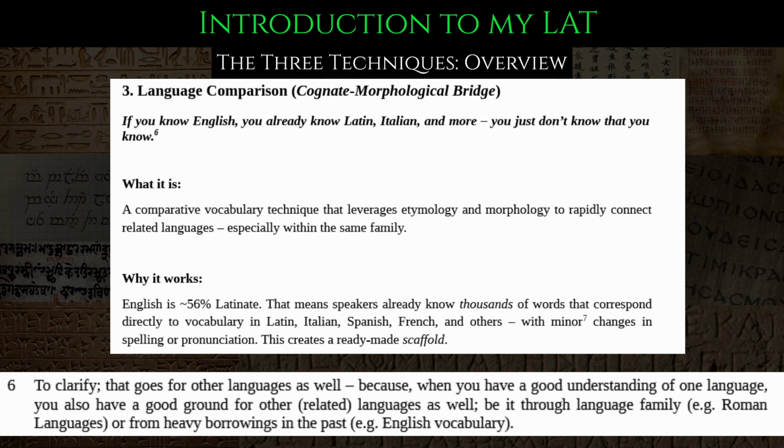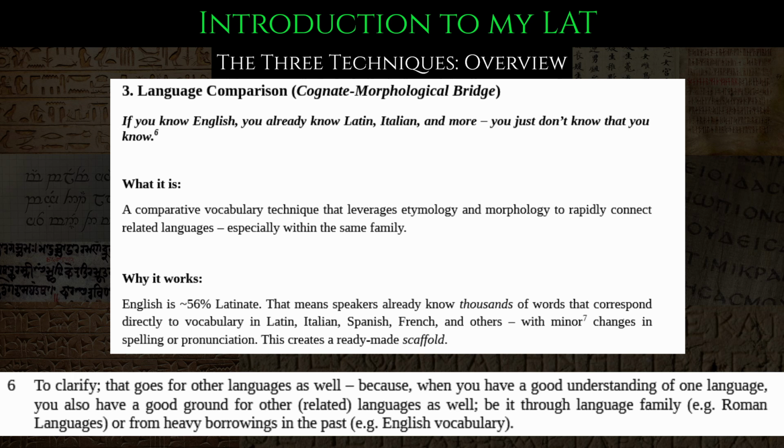So, that means that the speakers already know thousands of words that correspond directly to vocabulary in Latin, Italian, Spanish, French, and other languages. With, well, minor, sometimes a little more and sometimes a little bit less adjustment required. But still, minor changes only in spelling or pronunciation. And this creates a ready-made scaffold.